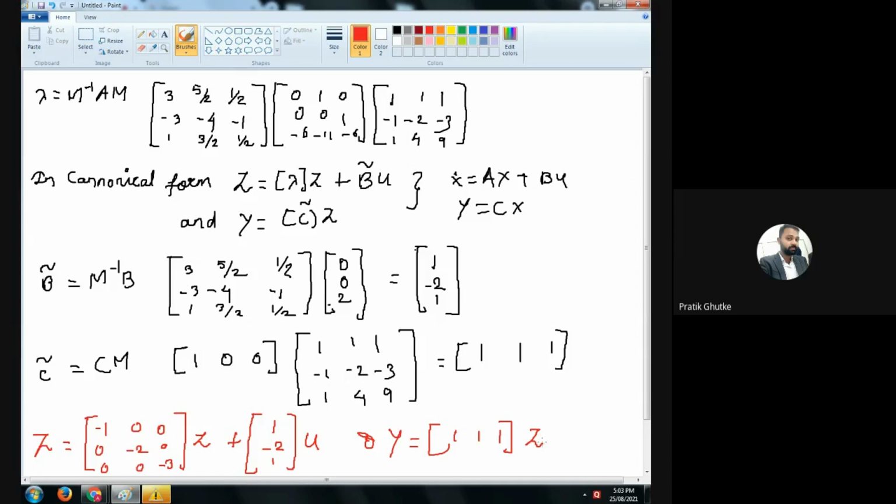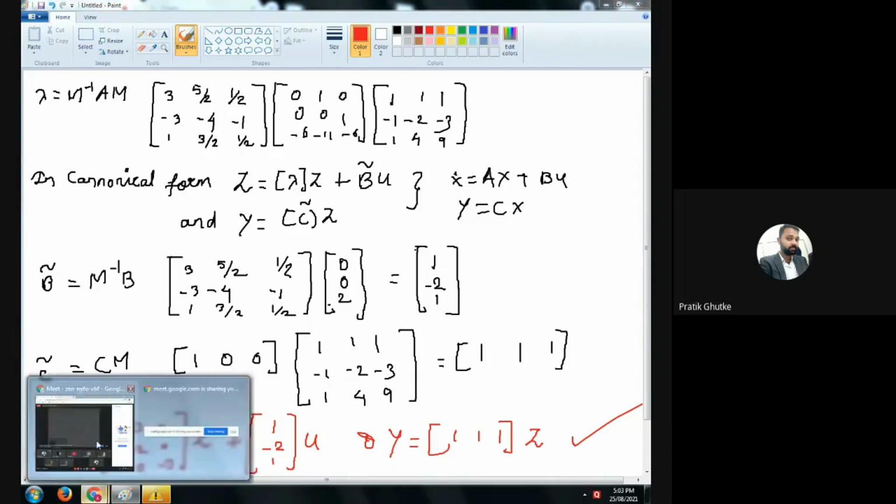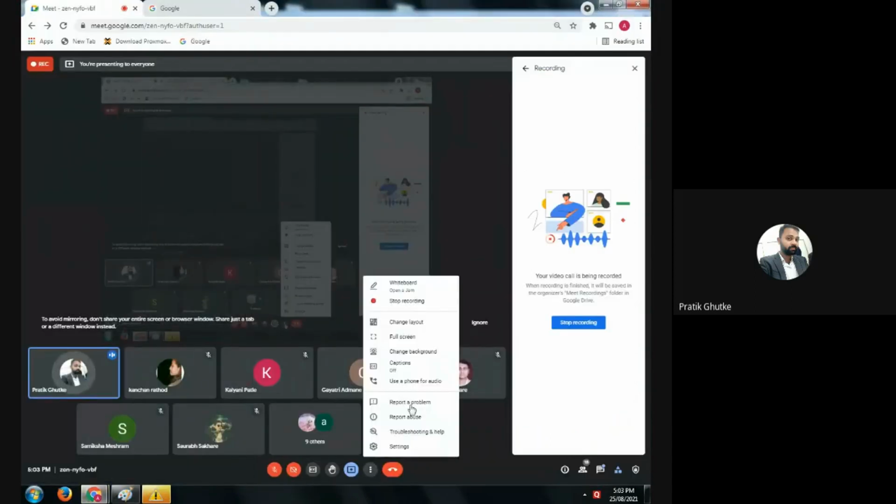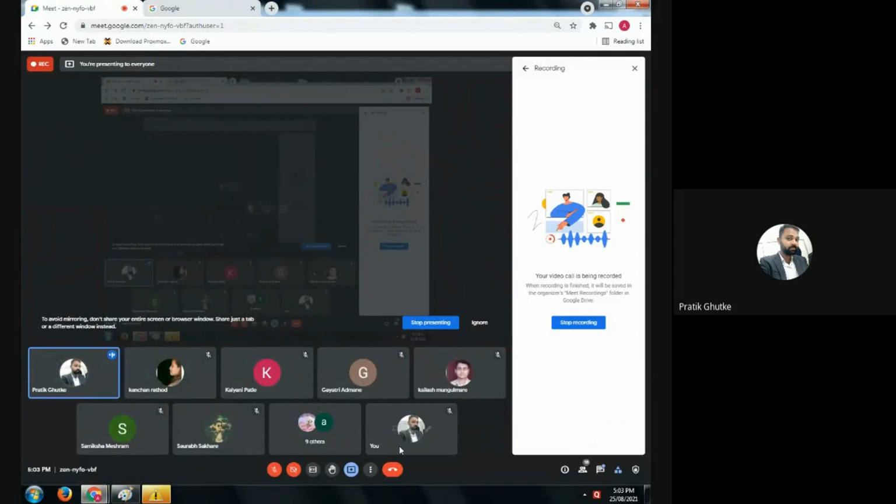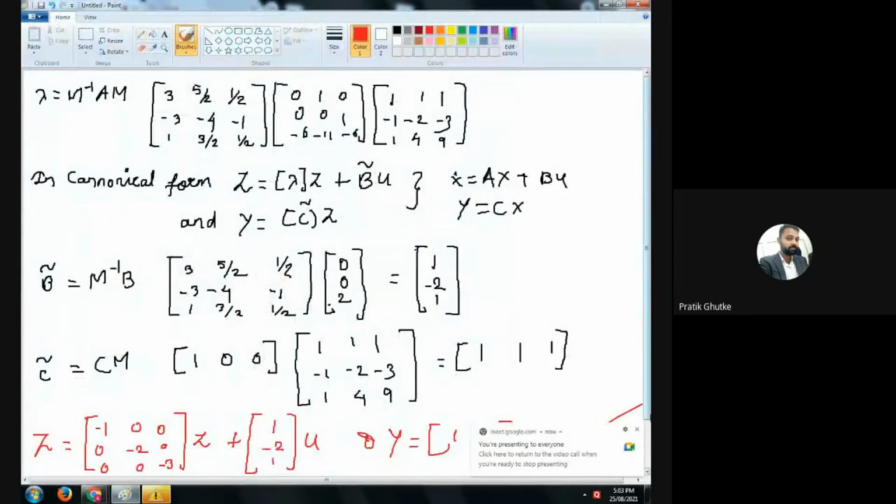Have you understood up to here? So this is the canonical form representation. So first bit we have completed here, that is to calculate the canonical form representation of the state model equation given.